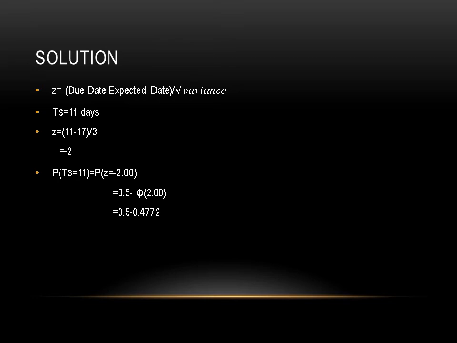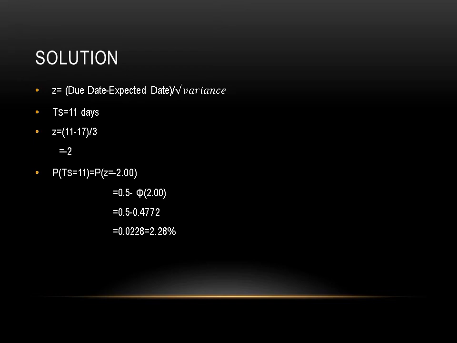That 0.5 came from the minimum value that is seen in the table. Always you will be given a table and the minimum value of Z you have to just write in front. If Z is minus 2, in this case, minus phi 2. If Z is plus 2, then you have to write plus phi 2. So in this case, 0.5 minus 0.4772 is 0.0228, that is equal to 2.28%.